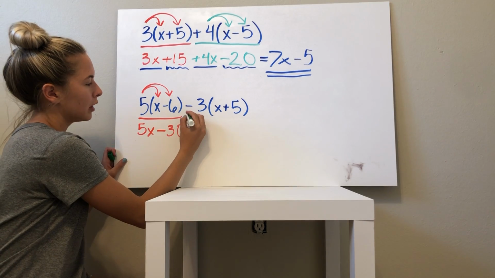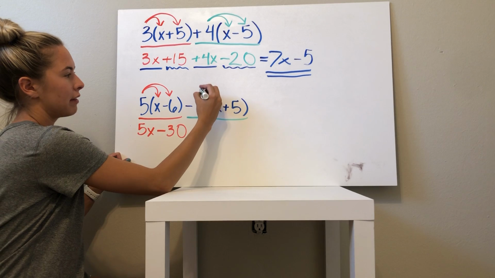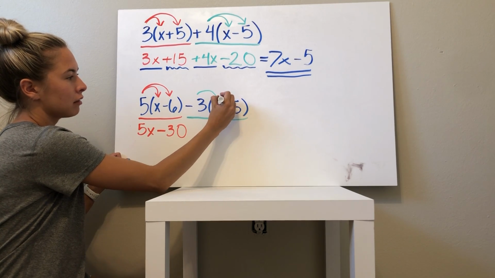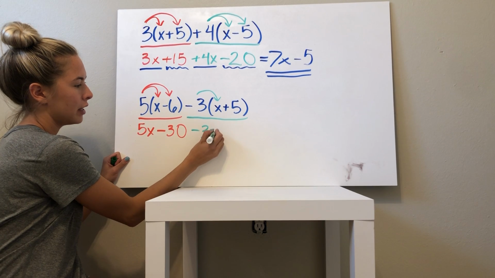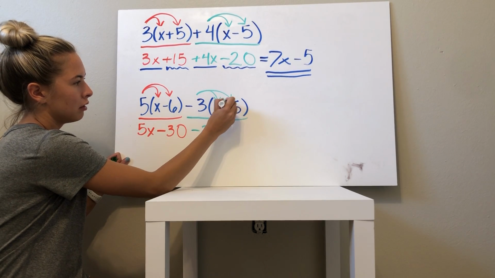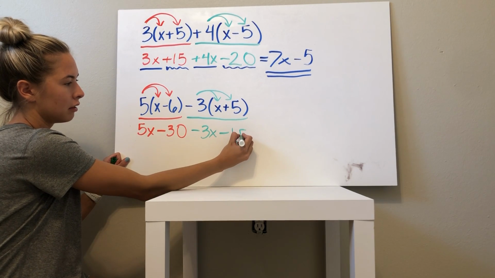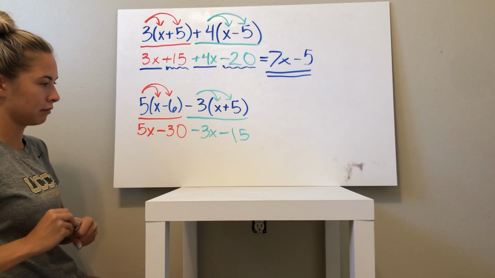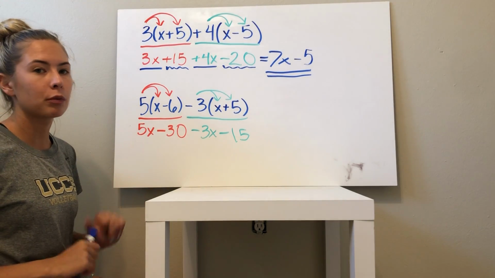Now step 2, we look at this portion. So we have a negative 3 times x, which gives us a negative 3x, and then we have a negative 3 times a positive 5. So we get a negative 15, right? And so now we're done with the distributive property, we finished that.